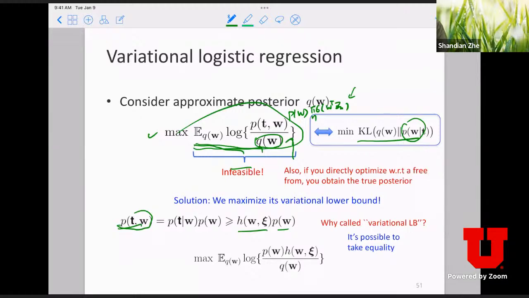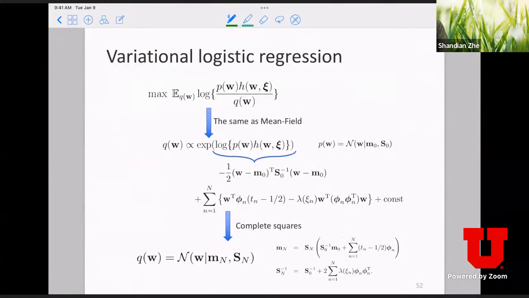And turns out that, as we just mentioned before, we will shove this Gaussian-like term related to W, multiplied with P of W, into our expected log fraction. When you maximize this Q of W, you actually don't need to do any gradient-based optimization.